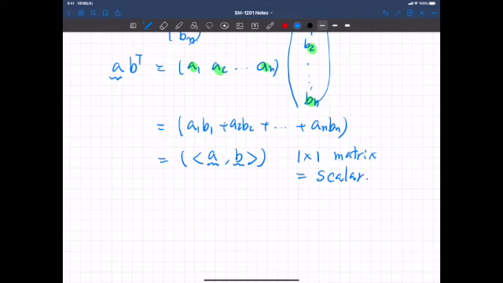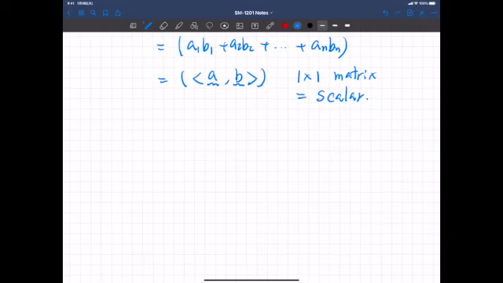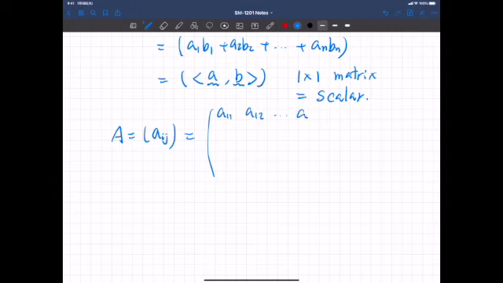Okay. So we can generalize this observation in the following manner. So if we have a general matrix A, Aij, then we have something like A11, A12, up to A1m, and let's say this is an n by m matrix, A21, A22, A2m, and so on, An1, An2, Anm.